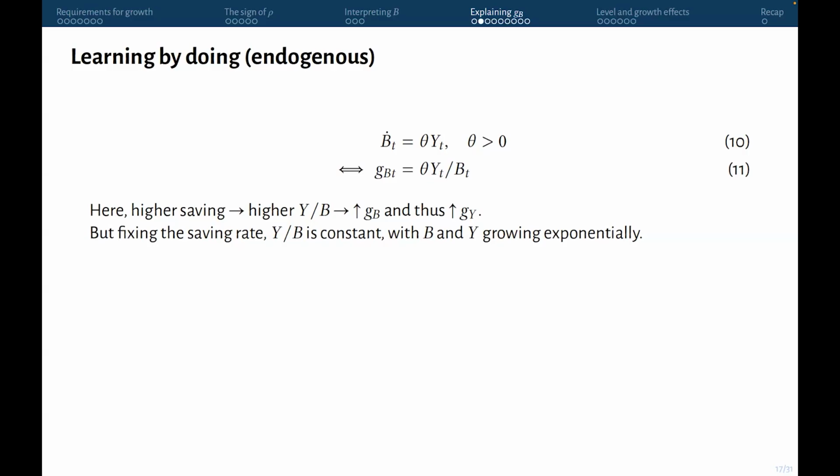And yet, increasing the savings rate will increase the steady state growth rate because you'll have a higher steady state effective capital to effective labor ratio. But that means by CRS, output will be higher by something intermediate, something in between this higher amount of effective capital and the initial level of effective labor.